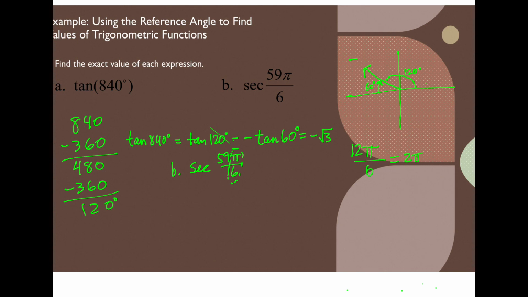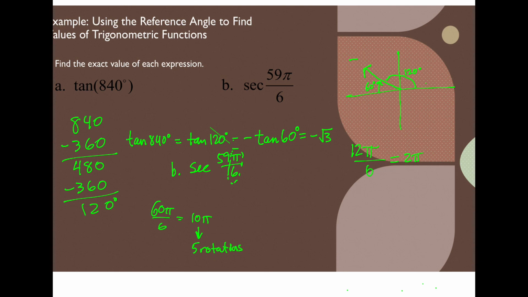Now there's a couple of ways to approach this. We can just keep multiplying 12 until we get the highest number that's still less than 59 if it doesn't go into it evenly, which it will not. The other way to do it is to look at 59 and think, what is the next largest number that 6 will go into, which is actually very close in this case, 60. 60 pi over 6 would be 10 pi, which would represent, since 2 pi is a full rotation, 5 complete rotations around.